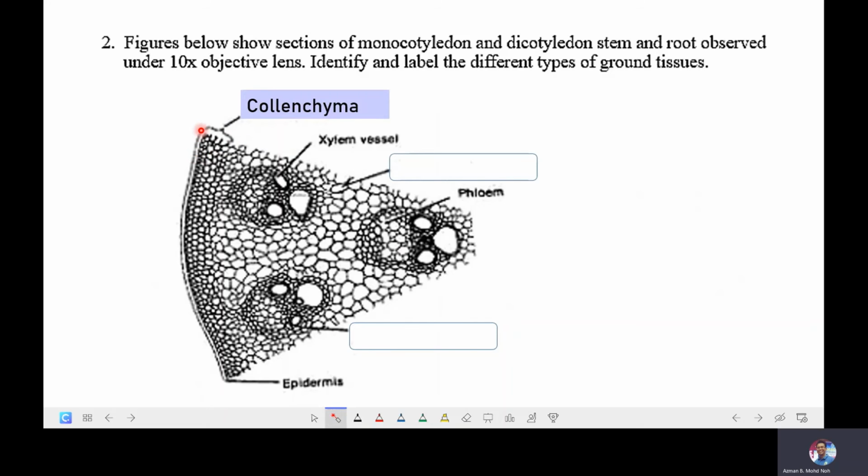Remember that on the outermost layer it will be the epidermal tissue, and just below the epidermal tissue will be the collenchyma tissue. And filling up this part of the plants will be the parenchyma tissue. Meanwhile, somewhere near the vascular bundles over here, and also over here will be the sclerenchyma tissue.